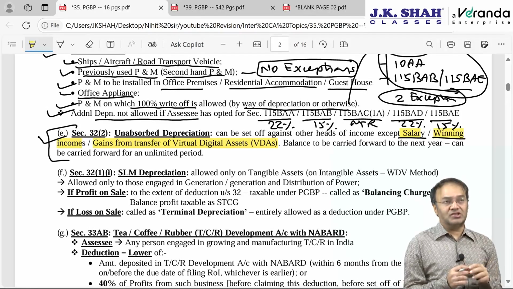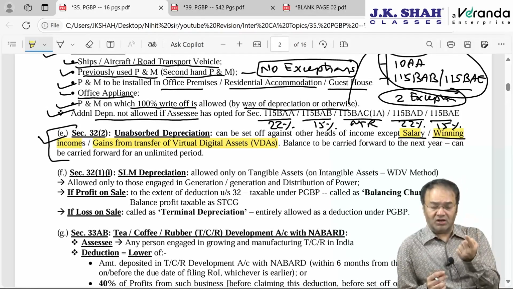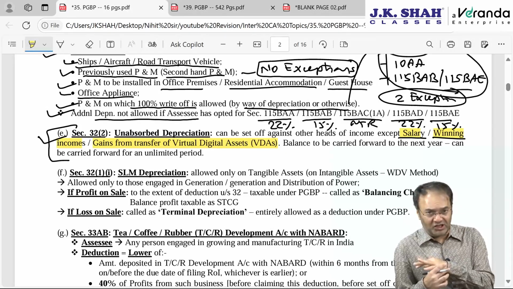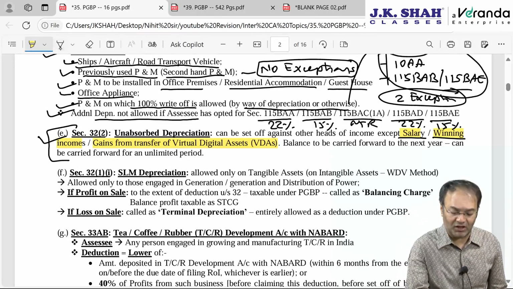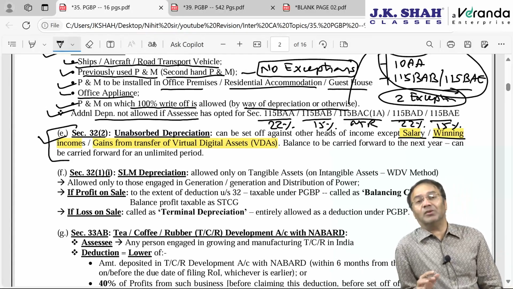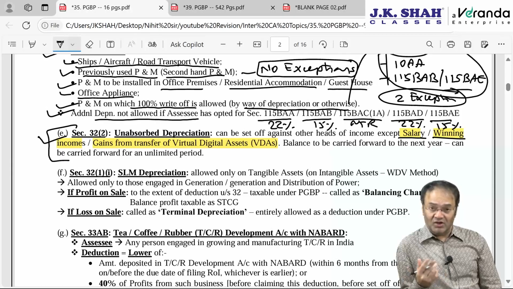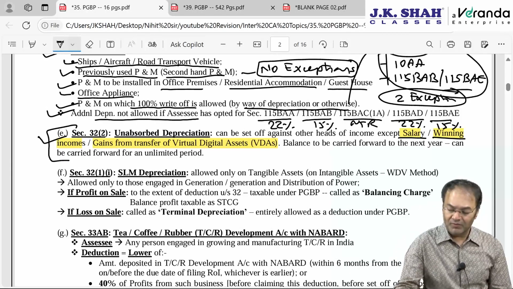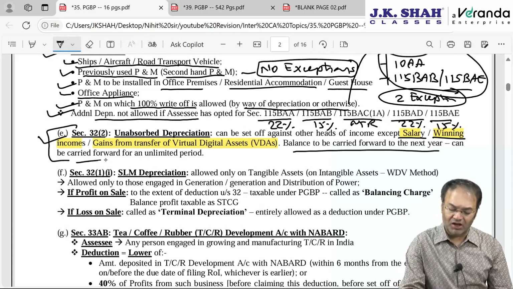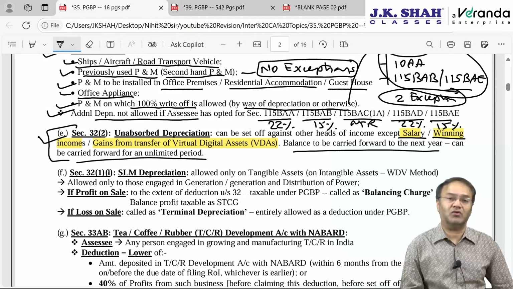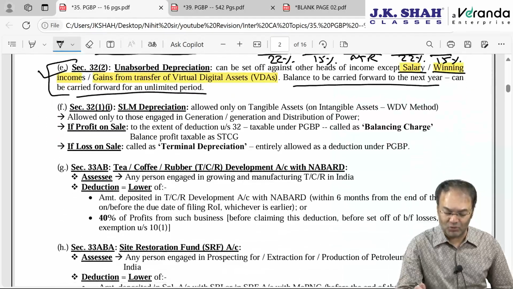So, depreciation of the current year or the brought forward unabsorbed depreciation cannot be set off against these three incomes. Barring these three, it can be set off against any income. So, even if unabsorbed depreciation is a part of the PGBP chapter, it can still be set off against capital gain. It can be set off against PGBP income, IFHP income, anything. Balance is to be carried forward, and in the next year also for an unlimited period, subsequent years also it will be allowed to be set off subject to the same rules and regulations.